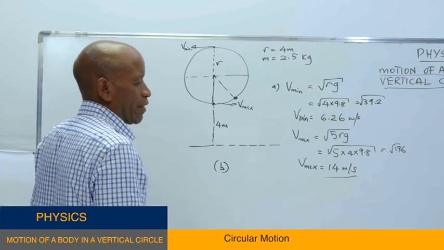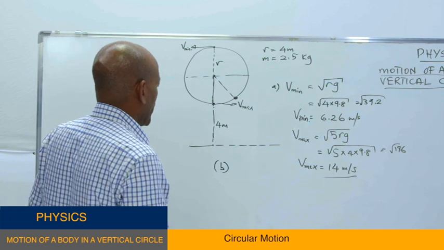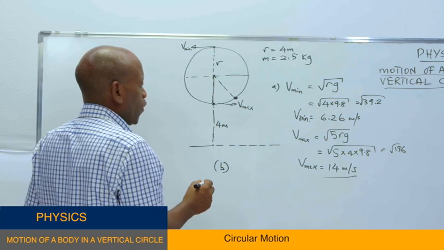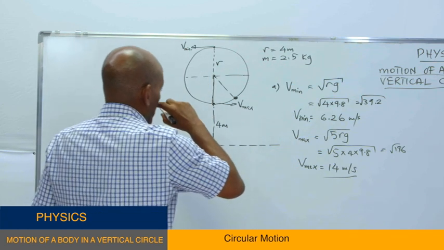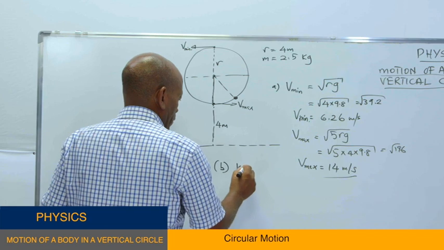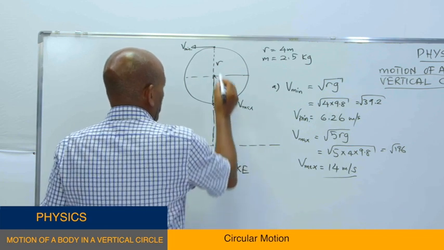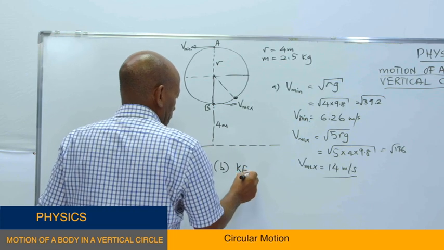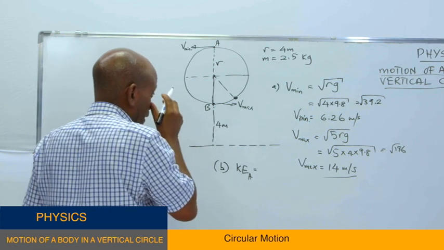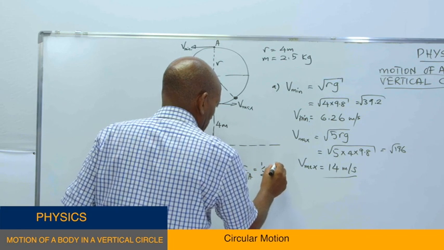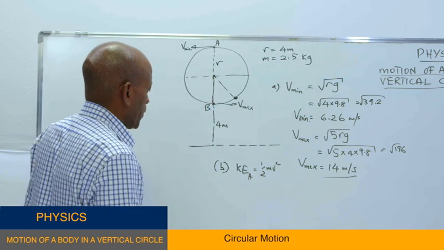If we look for the kinetic energy at the top, let me call this point A and this point B. So the kinetic energy at the top, point A, is equal to a half times mass times velocity squared.